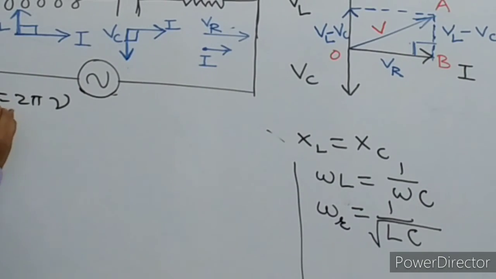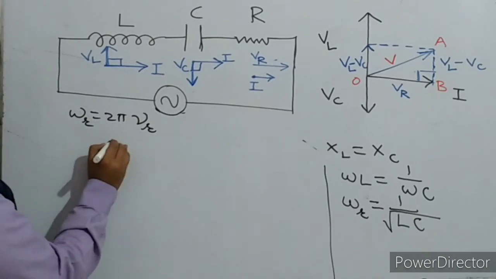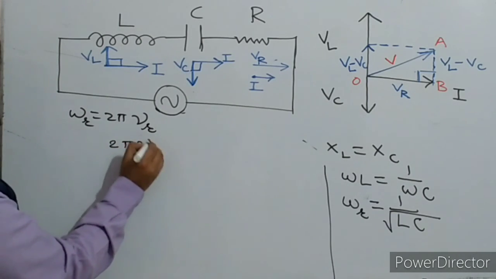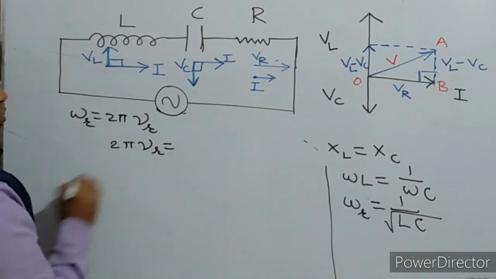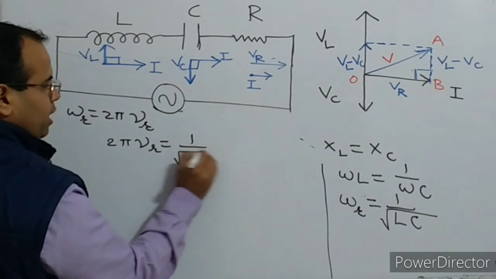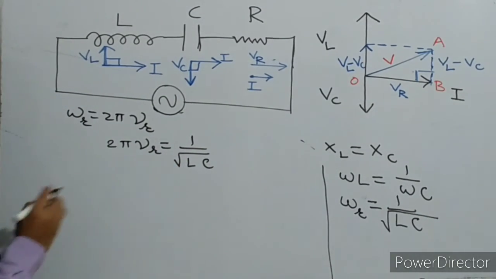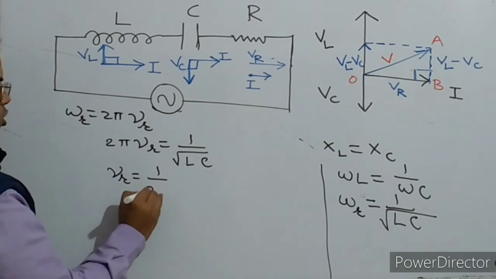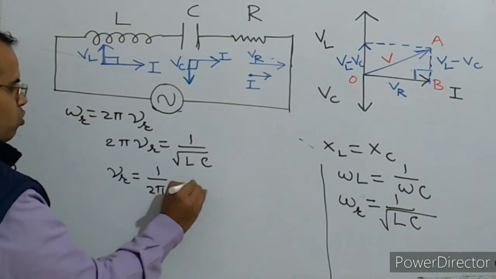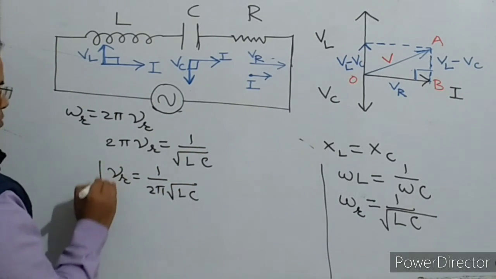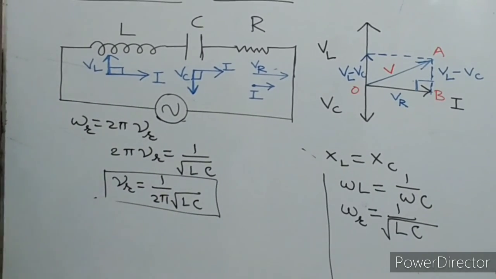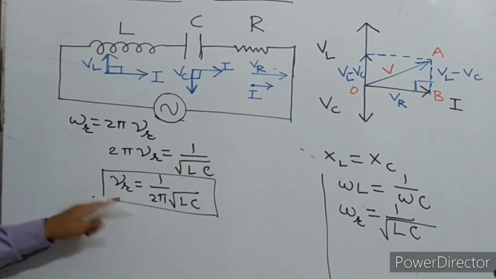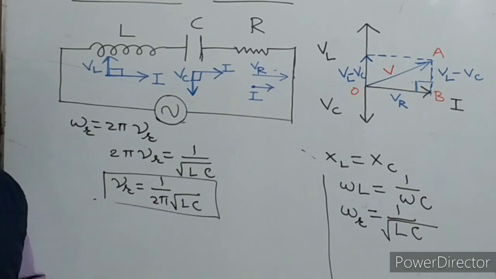So it is omega R, that is 2 pi nu R, equal to 1 upon root LC, or you can write nu R is equal to 1 upon 2 pi root LC. So this is the expression for resonance frequency.